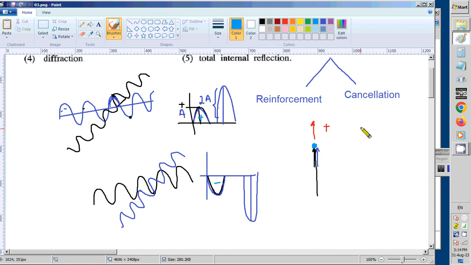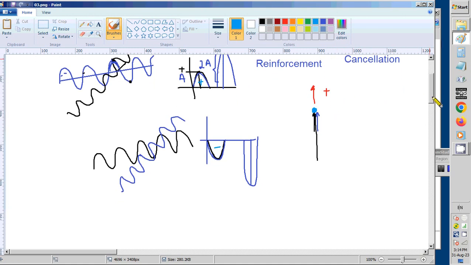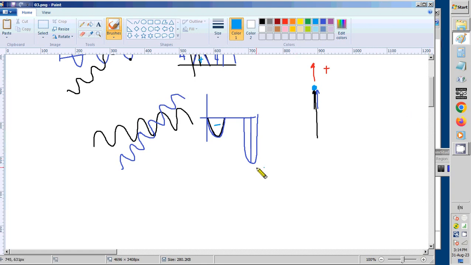Now let us discuss what cancellation is. For cancellation to happen, opposite portions of the waves overlap.